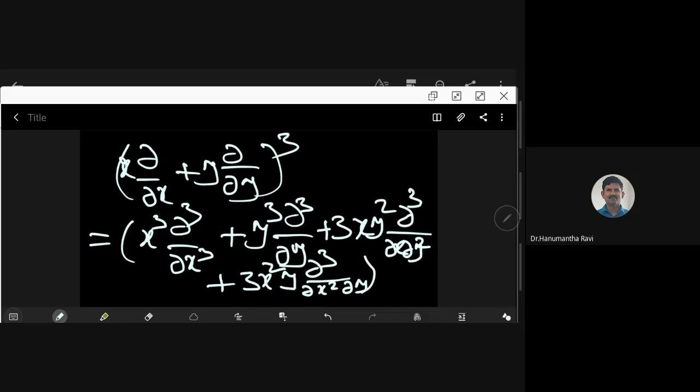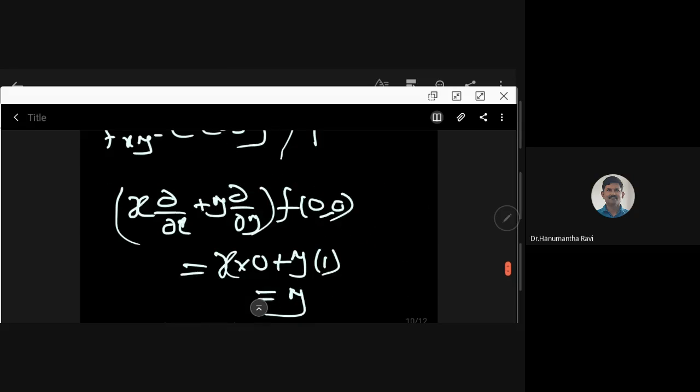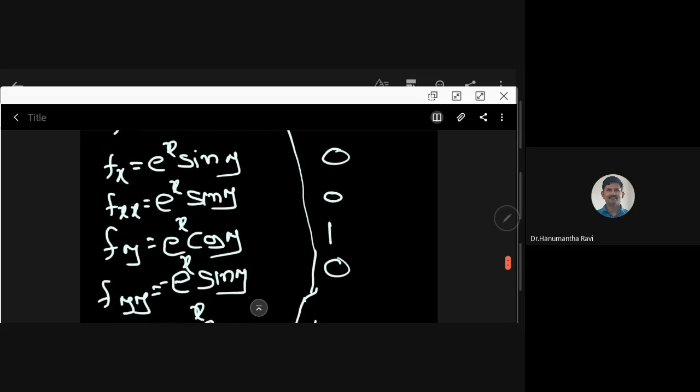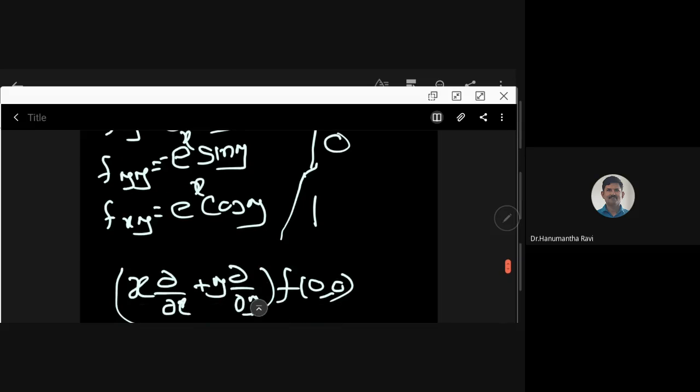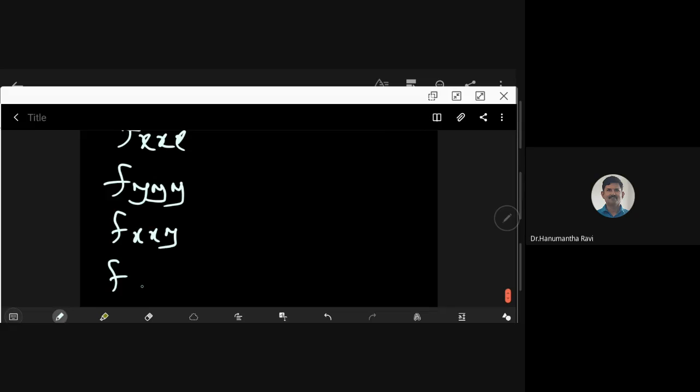So it is already observed that, when we go back to here, the only thing you need to compute is the third order derivatives, this, then this, nothing else. We have all possibilities here.